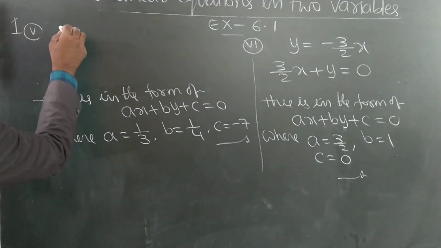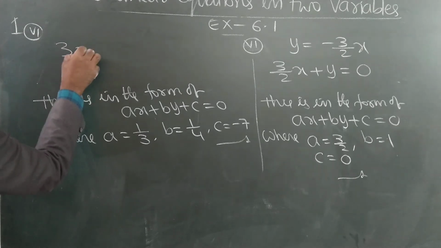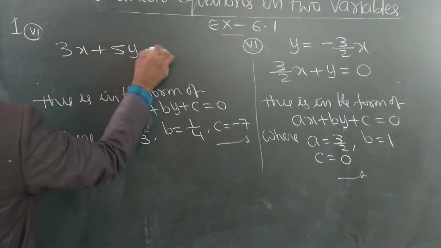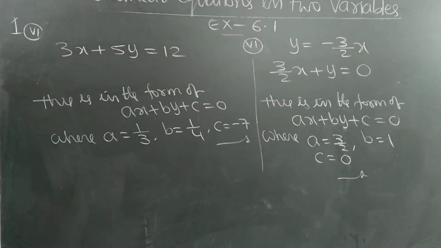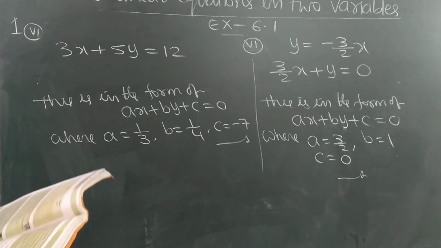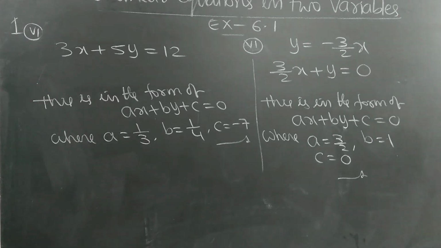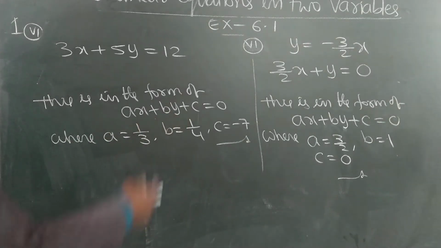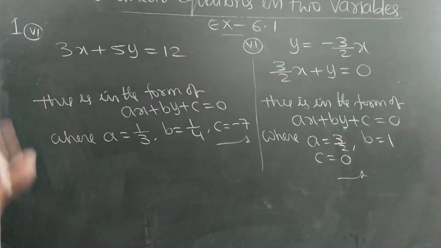First last bit. It is 3x plus 5y is equal to 12. Write in our standard form. For that, bring the constant to the left side, that's all. Nothing else.